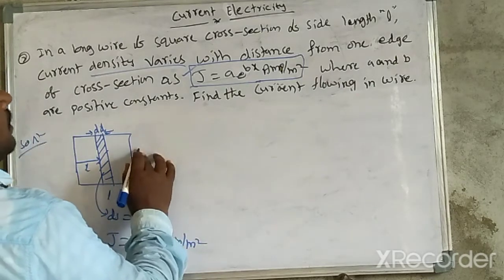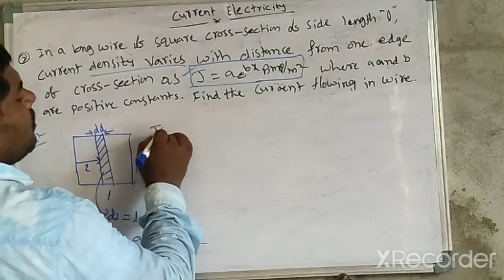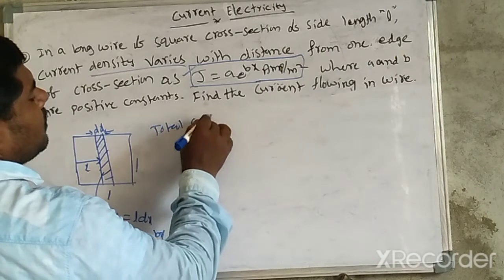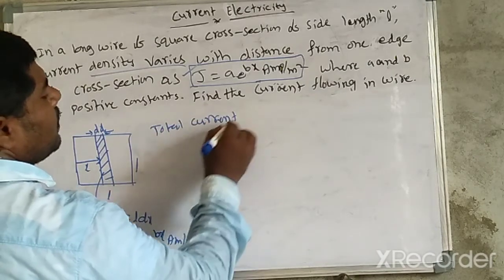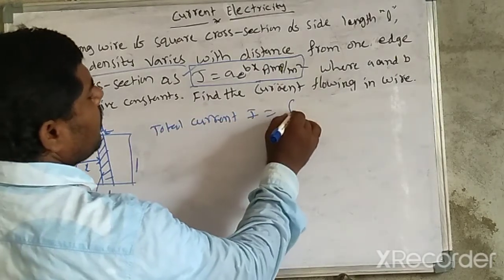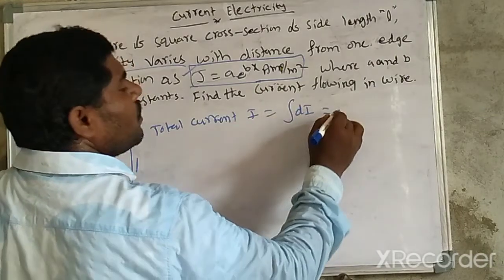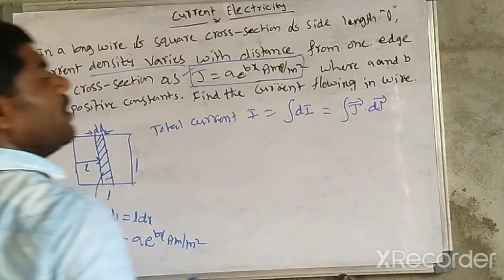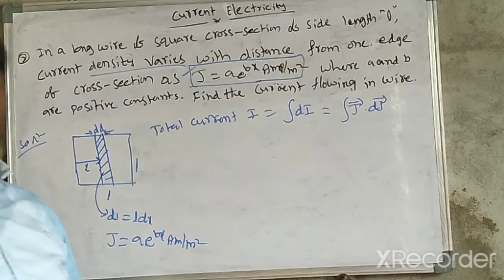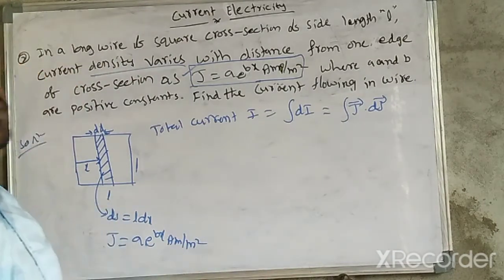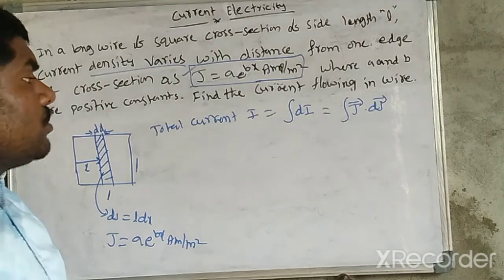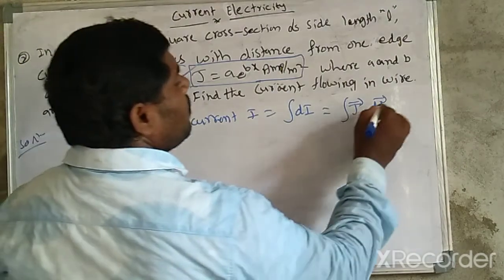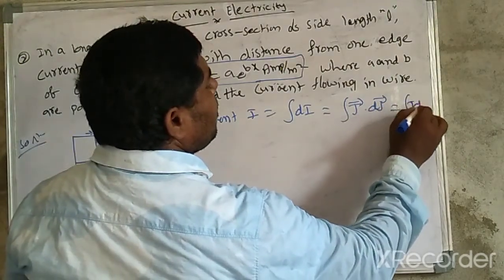So what are they asking here? Total current. So total current I is equal to integral of di, is equal to integral of J bar dot ds bar. Here J bar and ds bar are in the same direction, that's why the angle between them is 0. So you may write directly integral of J ds.